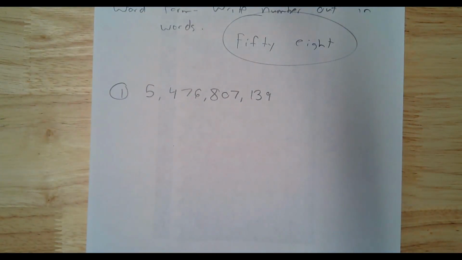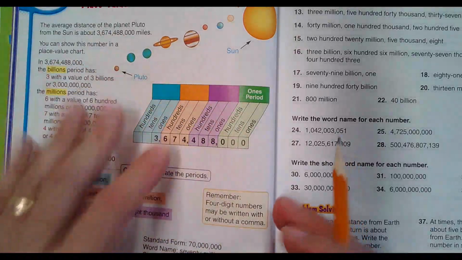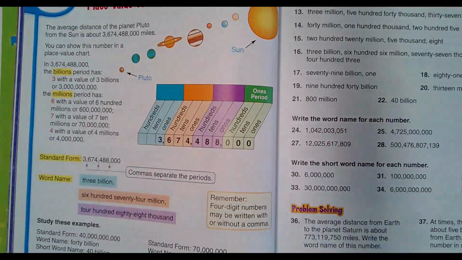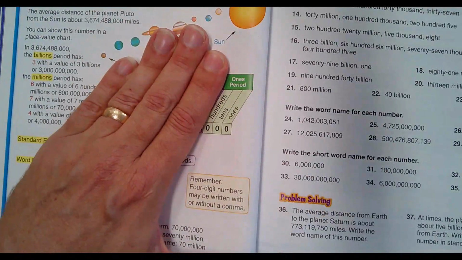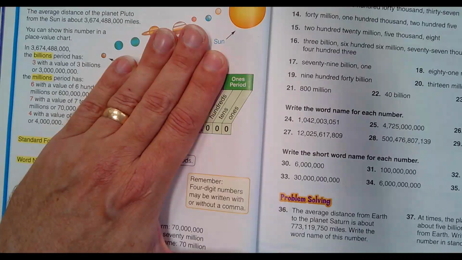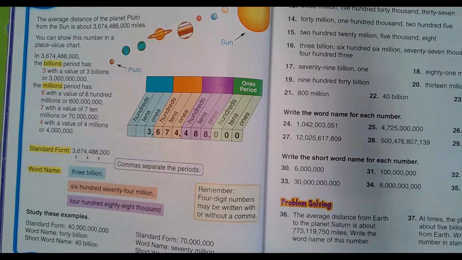A couple things to point out here. The commas. The commas are there to, again, separate the place families from each other. I think most people, I would hope 5th graders, know a 3-digit number, the 1s, the 10s, the 100s, right? Yes, sir?